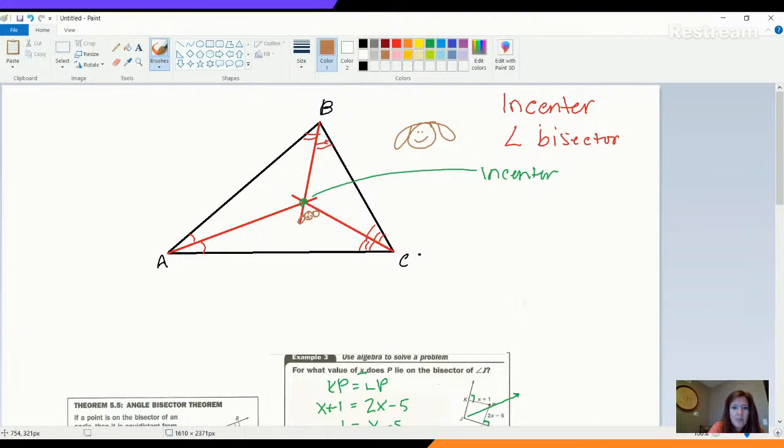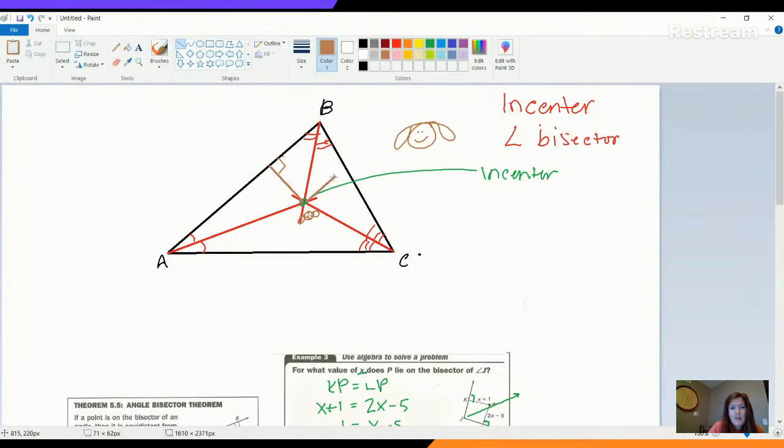When the puppy is at the in-center, if you then draw a line from the in-center to the shortest distance on the side, remember the shortest distance on your side is the one that's at 90 degrees. So I'm going to draw from the puppy to line AB. That's what I just did.